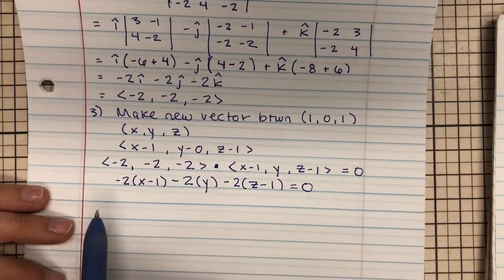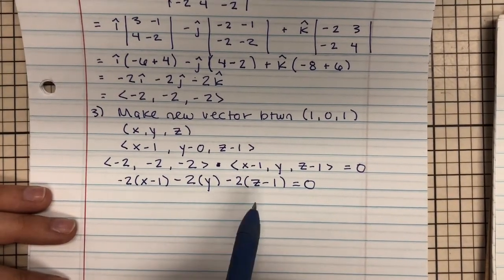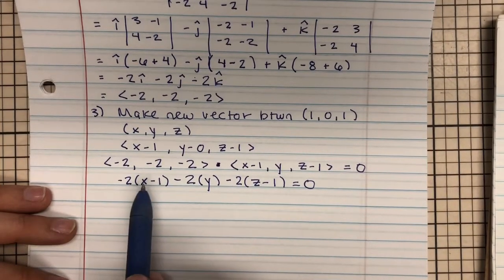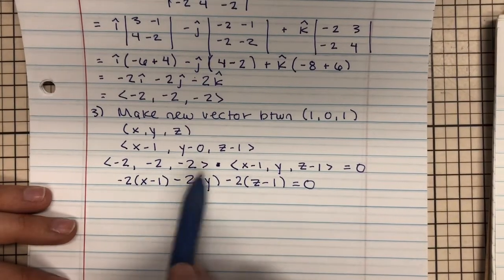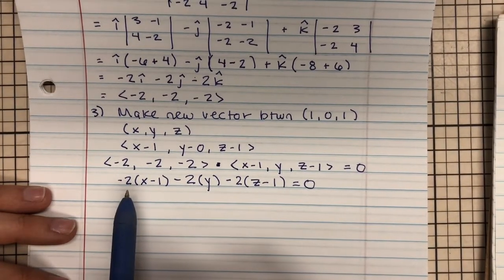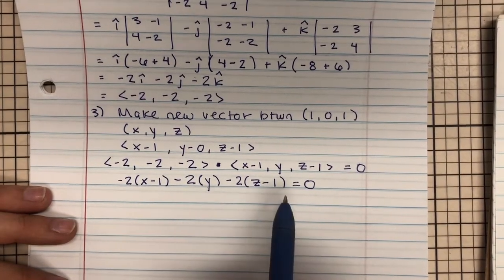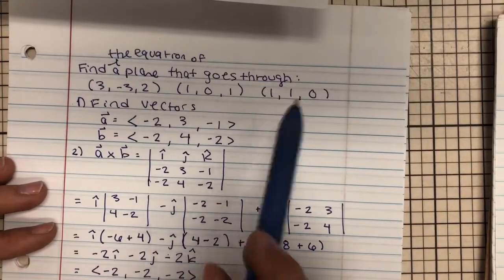And you're like, Miss Kelly, I feel like we didn't solve anything. But what we did is create an equation that gave us the conditions for any point x, y, z that will be in this plane. Because if the point x, y, z satisfies this equation, then it's definitely in the plane with these other 3 points.